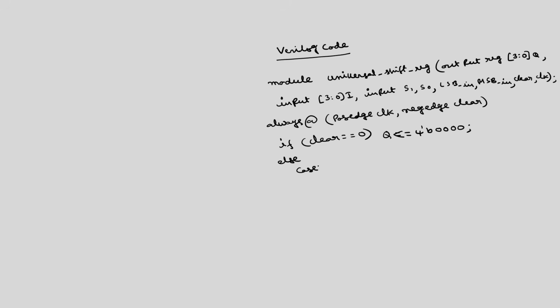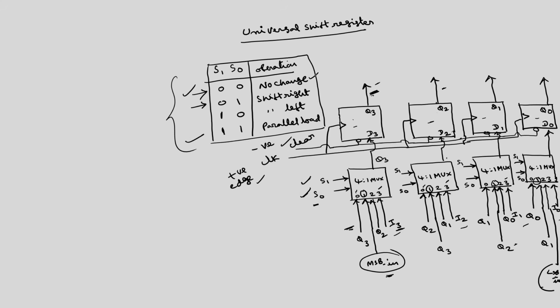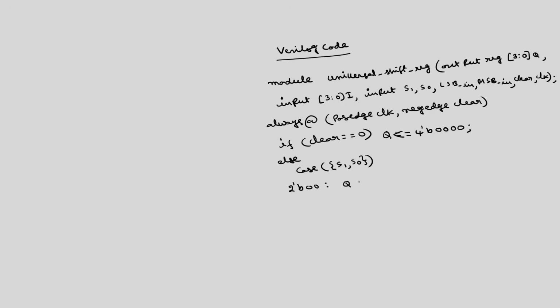S1, S0 is going to decide. What are the possibilities? 2'b00: if S1 S0 is 0 0, what will be the outputs? No change, means outputs will be Q3, Q2, Q1, Q0, Q only.